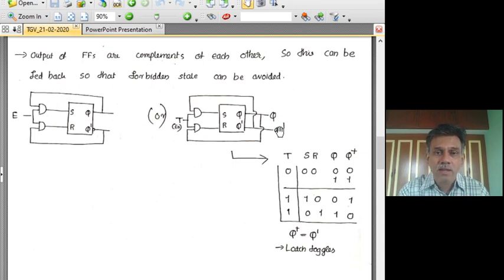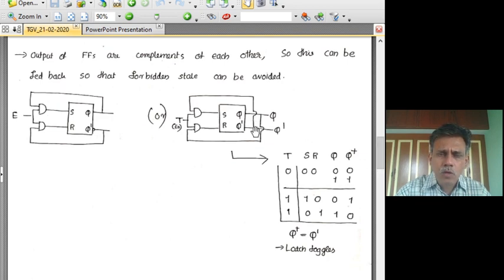That is why we have carefully flipped the outputs that are being taken and fed to the S and R. Q is fed back to R and Q bar is fed back to S, and that is what will toggle this flip-flop, and that is why we have given this kind of feedback.